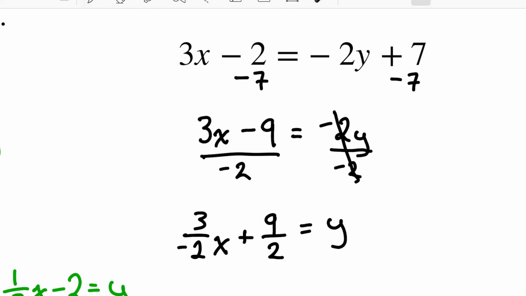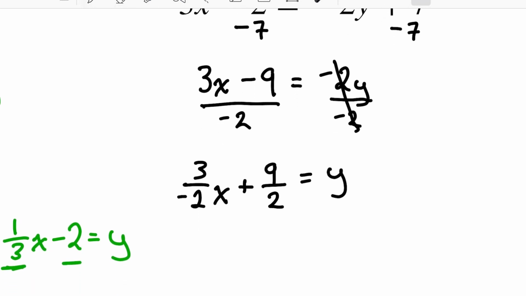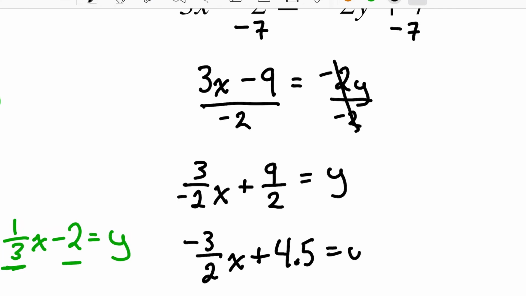Now, I can leave this as fractions because for me, working with fractions for slopes makes slopes easier. I'm just going to rewrite it as negative 3 over 2x. Remember, we can do that. For our denominator is negative, we can just switch our numerator to negative. I'm actually going to change this guy to a decimal because why not? I mean, actually, y-intercepts work nicely in decimal forms.